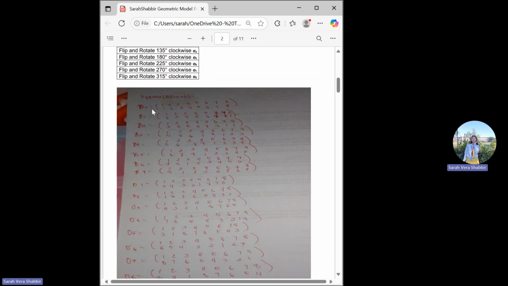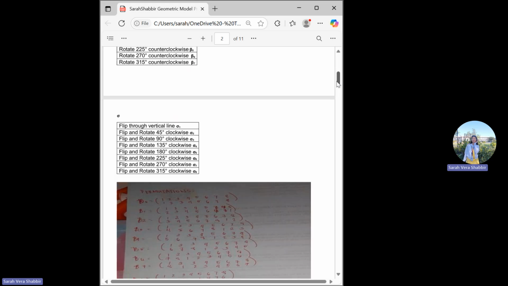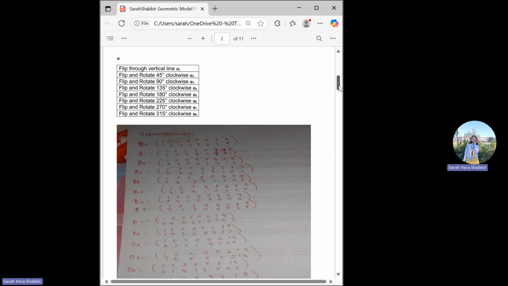As you can see, our B sub 0 is 1, 2, 3, 4, 5, 6, 7, 8 to 1, 2, 3, 4, 5, 6, 7, 8, because it is the identity, or do nothing movement. From these movements, we have here the results from B sub 0 until sigma sub 8.